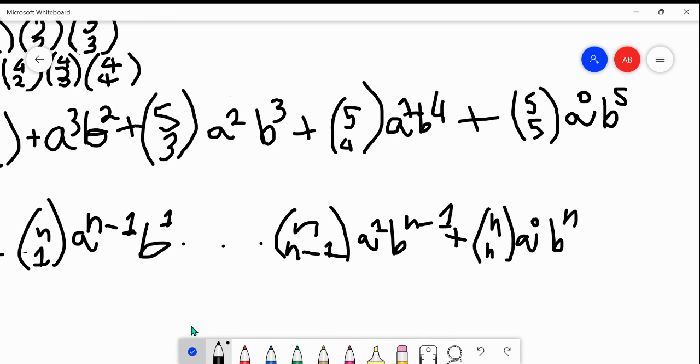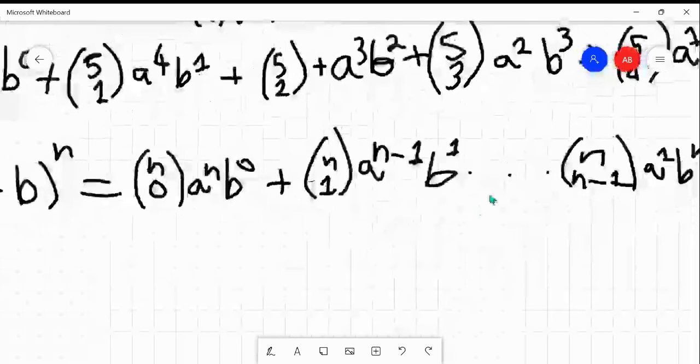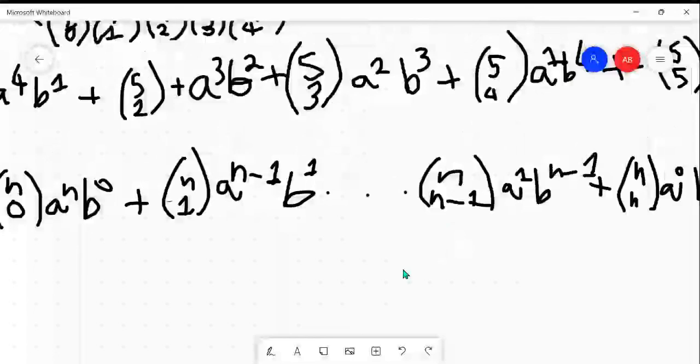So this is the general answer, except it's kind of like this infinite dot dot dot series type thingy.